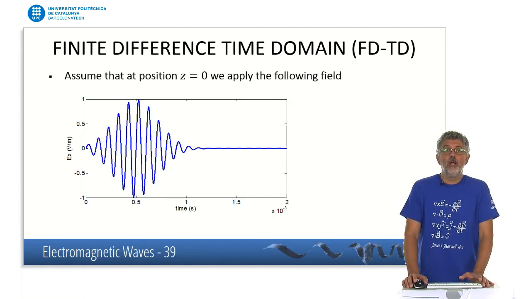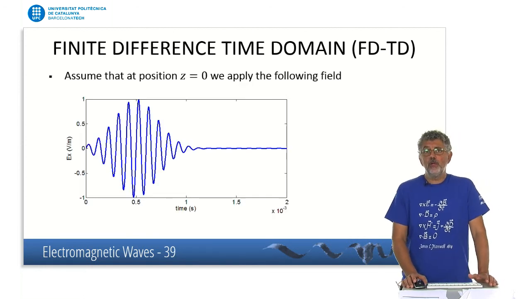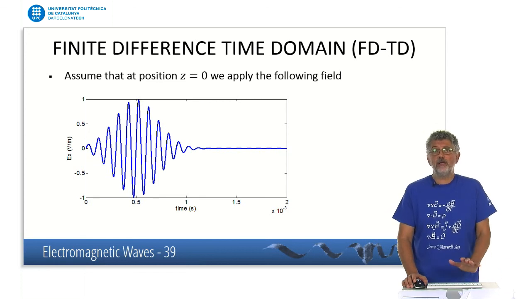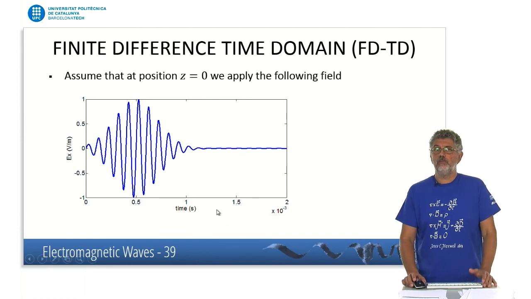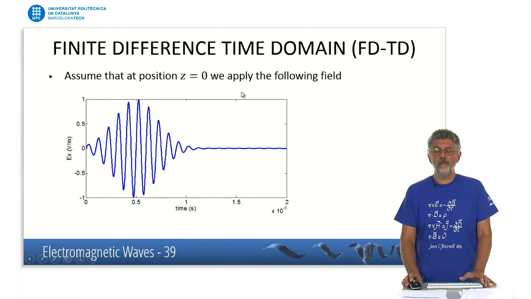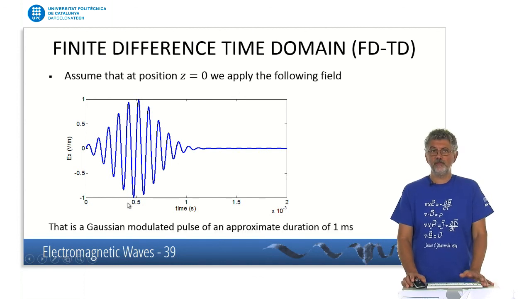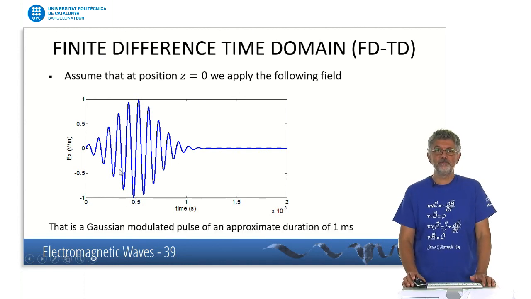Now, this is very simple to implement numerically, so let's see just a final result of this implementation. We're assuming that at a certain position, z equals 0, we apply the following field. This is a Gaussian modulated pulse.